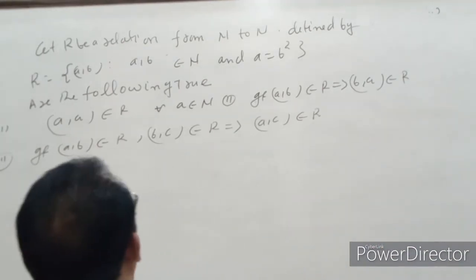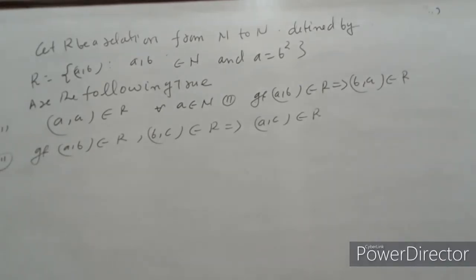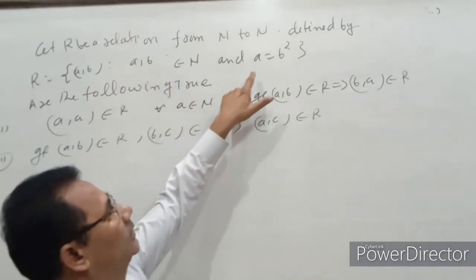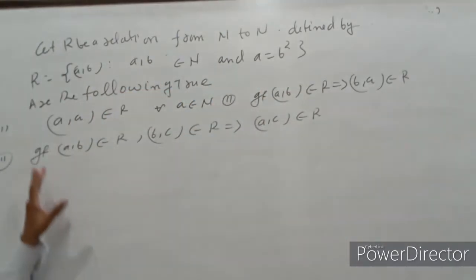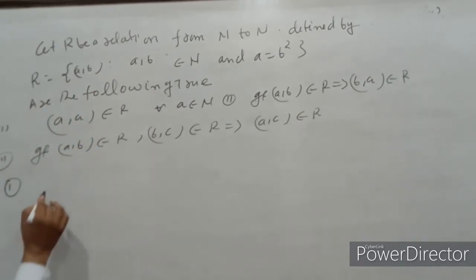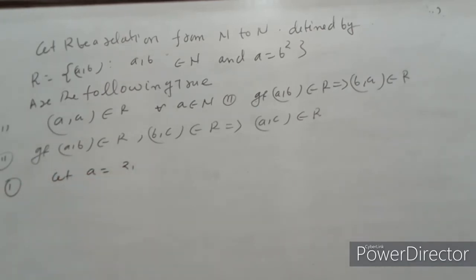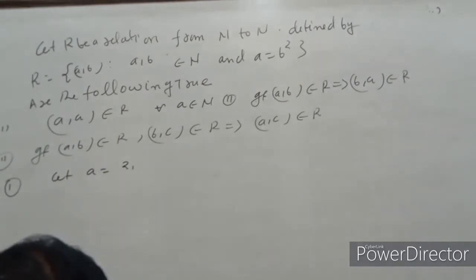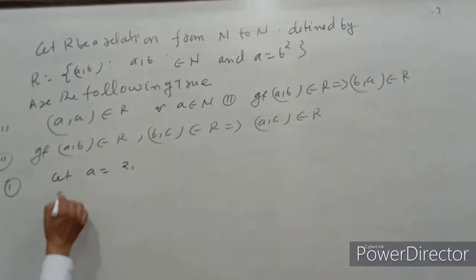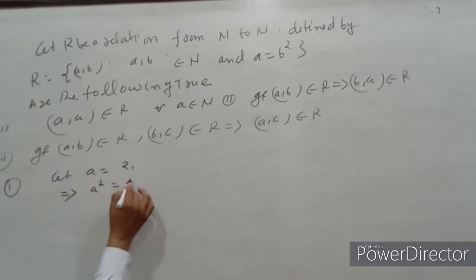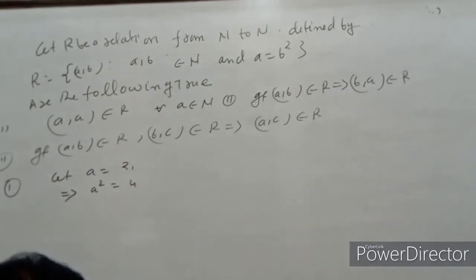Let R be a relation from N to N defined by the ordered pair ab such that ab belongs to N, a is equal to b square. Are the following true? First part is, let we take a is equal to 2. अगर हमने यहाँ पर एक एलिमेंट a equal to 2 रखा, तो this implies that the square of a, a square is equal to 4.